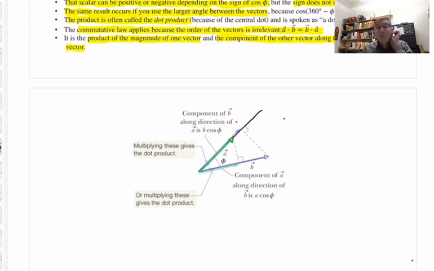To get the component of B along the direction of A, we drop a perpendicular from the tip of B to the line along the direction of A. See the right angle symbol?